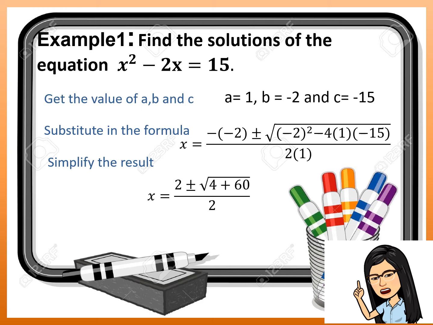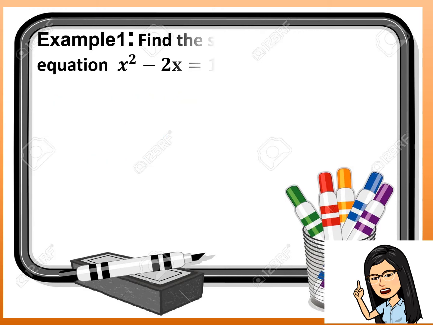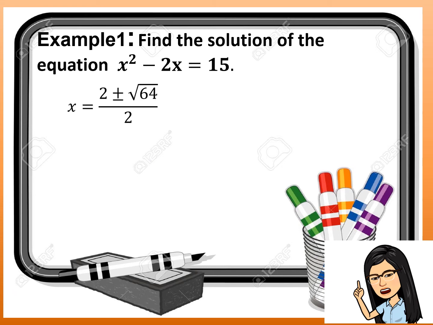And 2 times 1 equals 2 in the denominator. So, x is equal to 2 plus or minus the square root of 64 all over 2. Simplify it further. The square root of 64 is 8.